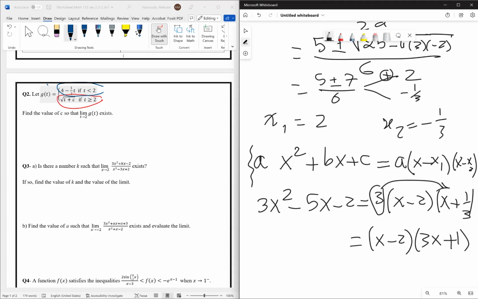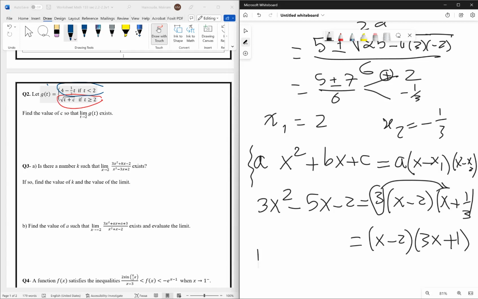This factoring could be done without, of course, solving the quadratic equation. You can do it, but I wanted to give you another method if you have difficulty finding the factoring. If you have the factoring, then do it directly, because factoring is much shorter than solving the equation.